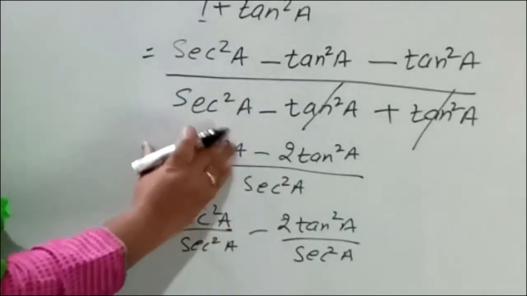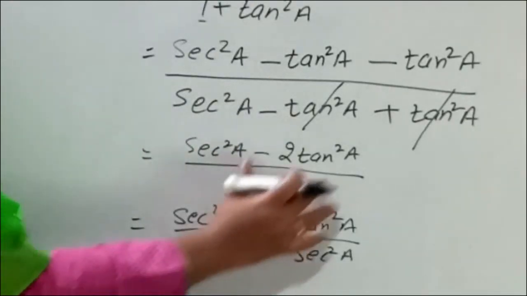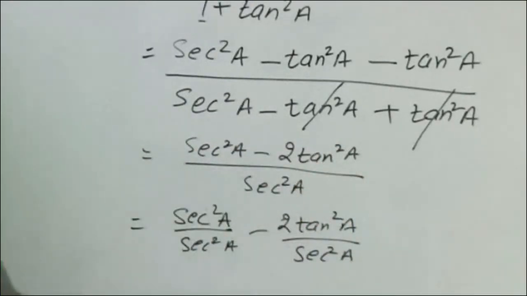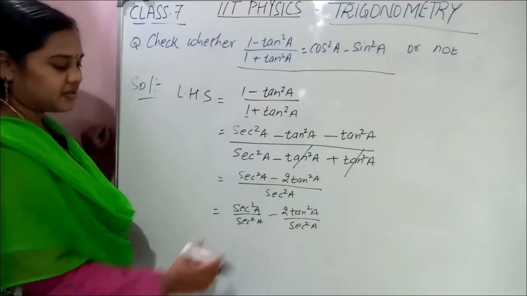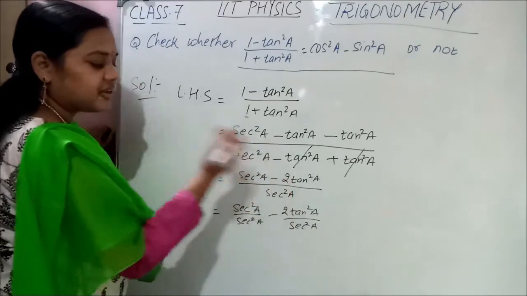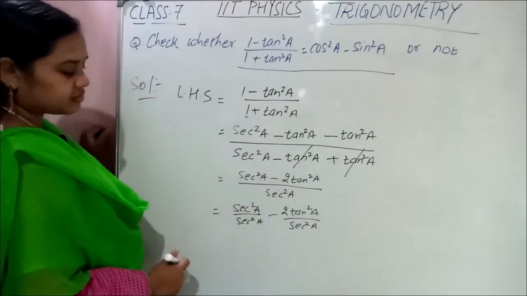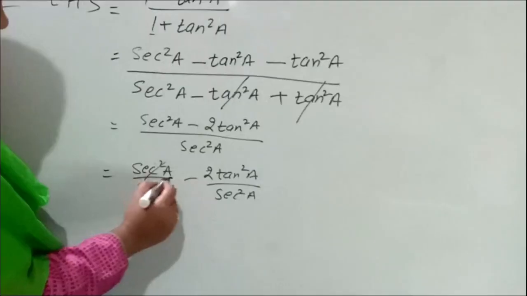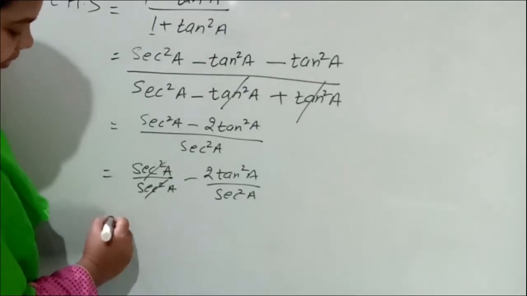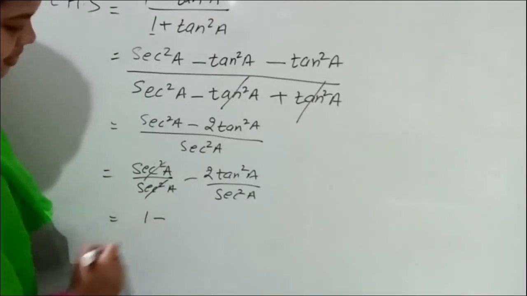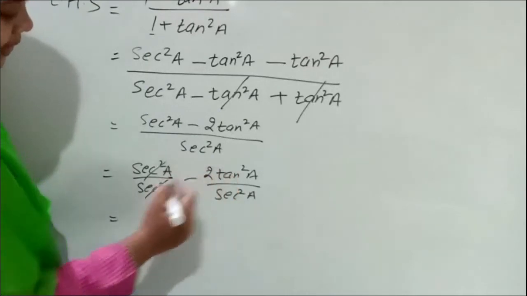When you simplify this, you will get back this one only. So sec square a cancels. What is left is 1 minus 2 tan square a.